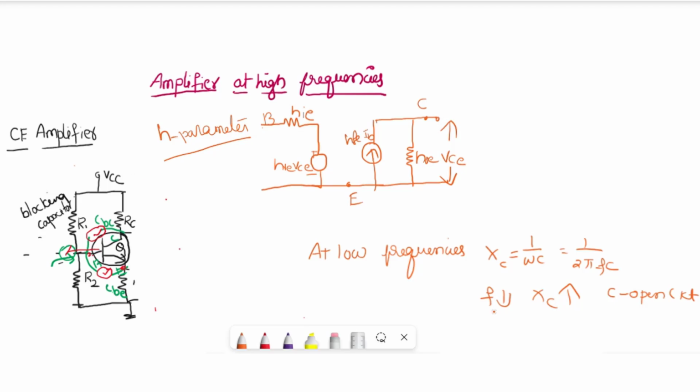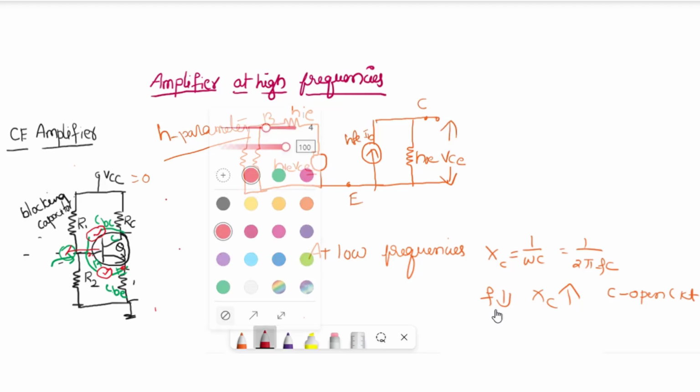Now when you go for the amplifier analysis, we usually have the AC analysis concept. For the AC analysis, we have to keep VCC equal to 0. Then if VCC is equal to 0, R1 and R2 come in parallel with the voltage source HRE VCE, and this parallel combination is at the base.